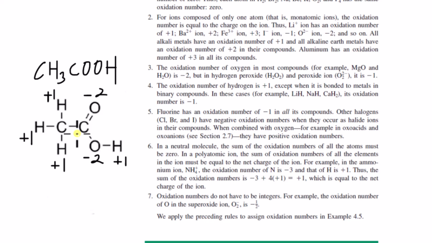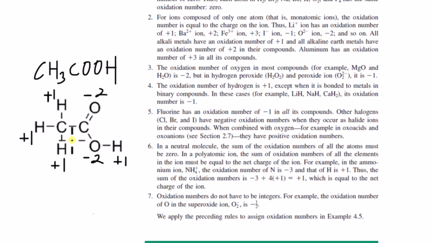Okay, so now another cardinal rule that we can use specifically if we're analyzing a compound from a structural standpoint like this is that if we're looking at individual bonds between 2 atoms and trying to get a sense for how electrons are skewed in those bonds, so like we just did here with the carbon-hydrogen bonds, okay, if you're looking at a bond between the same element, right, this bond here between 2 carbons, between the same element, then you can assume that there's no skewing of electrons within that bond.